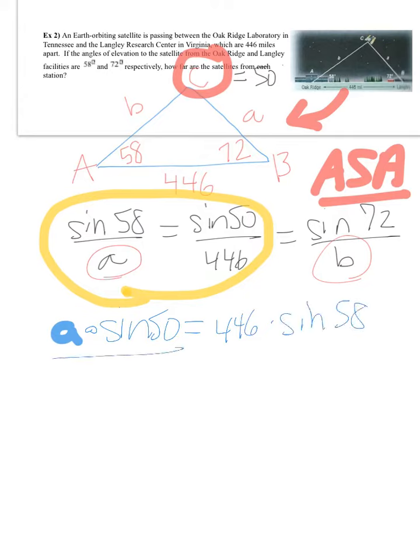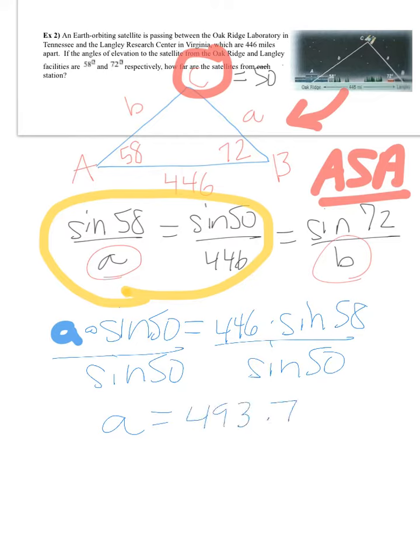Again, trying to solve for A, we'll divide by sine of 50. And we're going to get A is equal to 493.74. So that represents the distance from station B to the satellite.